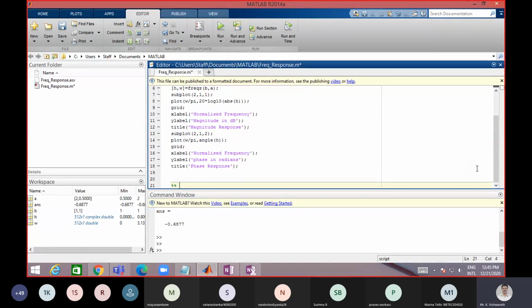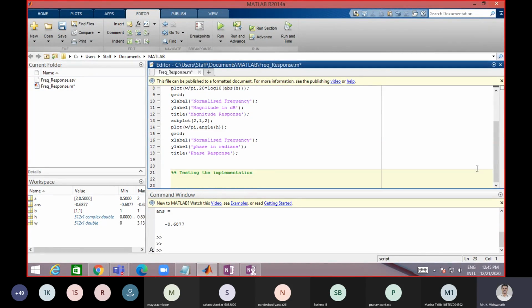So testing the implementation. So what is it that we have to specify? So numerator coefficients we will directly specify here, or we will generate the input signal.